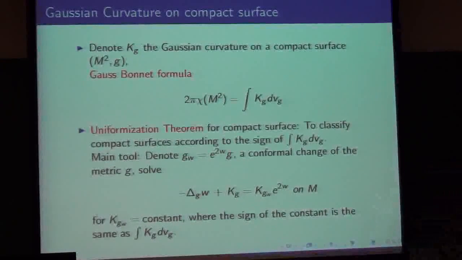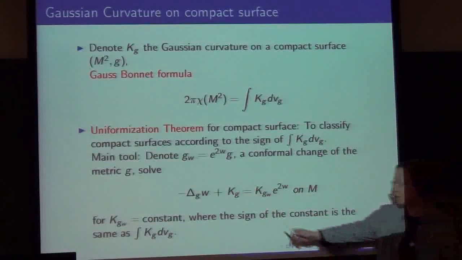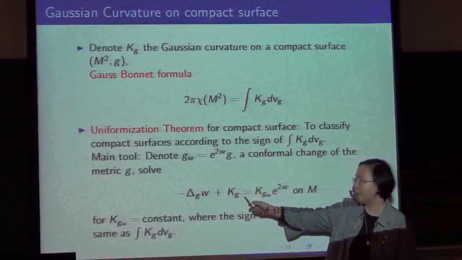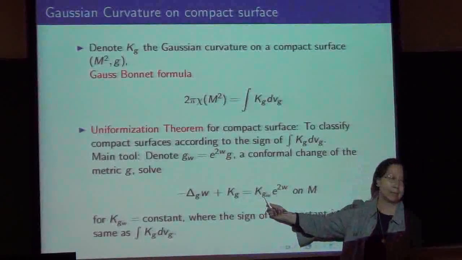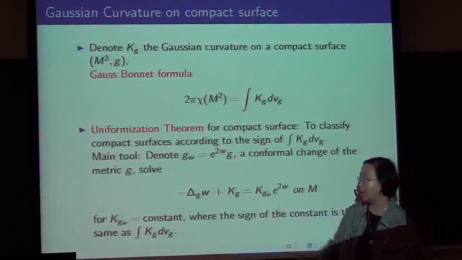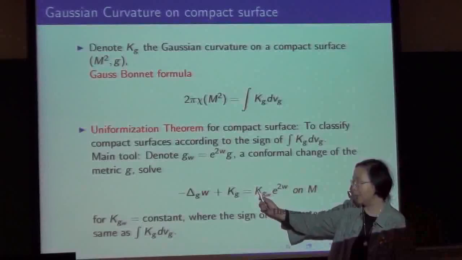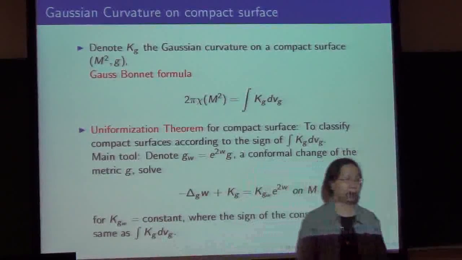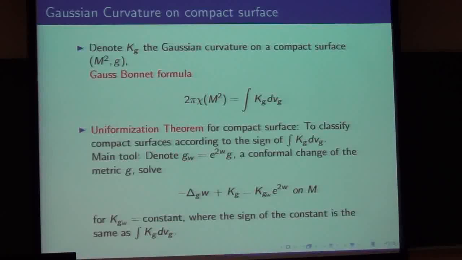The usual way to prove the uniformization theorem is to say you can solve this PDE so that, given a metric g, you can make the Gaussian curvature become a constant under conformal change. The sign of that constant is according to the sign of the integration of the Gaussian curvature.